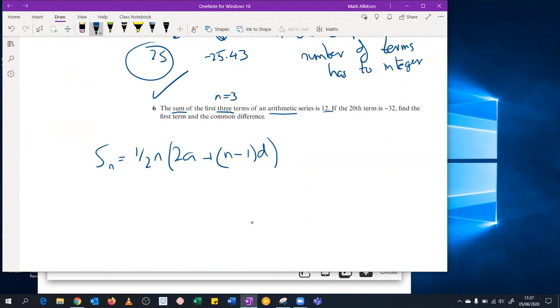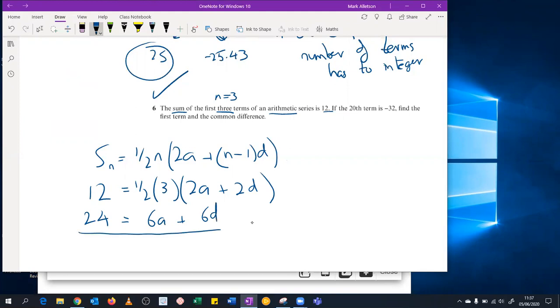So I'm going to replace this with 12 as the actual answer: a half, n is 3, 2a we don't know, n minus 1 was 2, so it becomes 2d. I don't like the half, so I'm going to times this by 2, so I'm going to get 24 equals, and then that'll be 6a plus 6d. So I get an equation involving a and d.